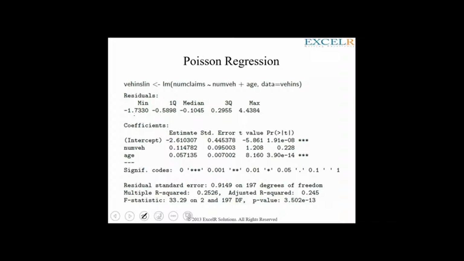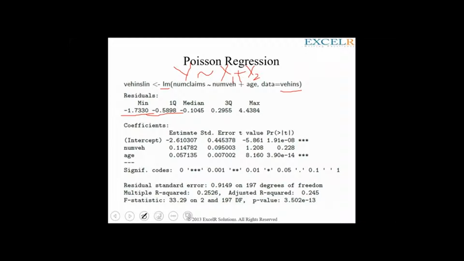The command is lm, for linear model, y tilde x1 plus x2, and you have the data in this data set called vehicles insurance. So can the number of claims be negative? That is my question.